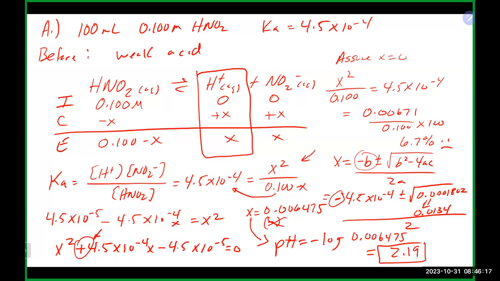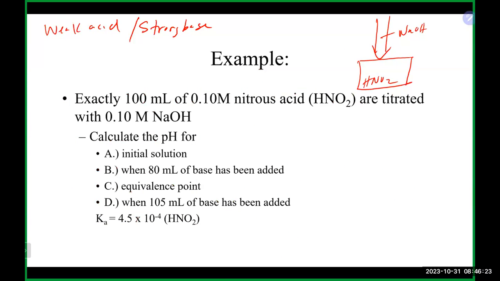Again, really just a weak acid problem because we have not added anything to it. Let's take a look at B when we start adding. So in this case, we are going to add 80 milliliters of our base to our acid. So clearly we have started the titration. So let's take a look at what happens at that part.